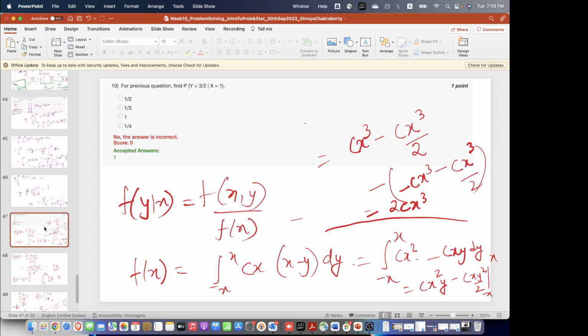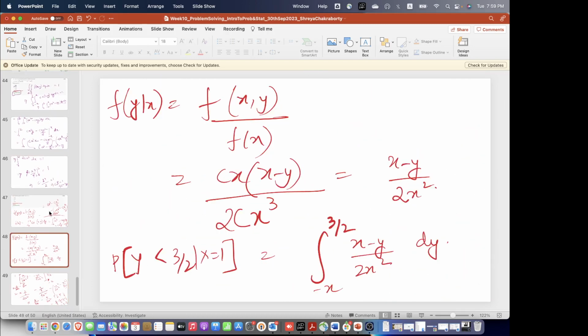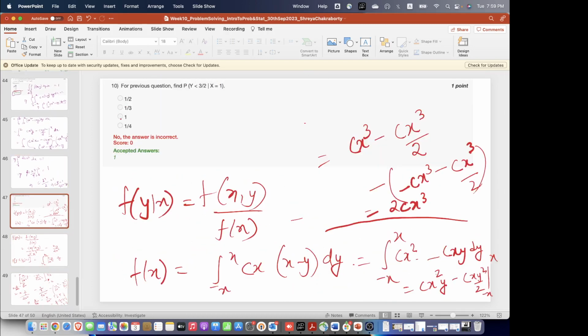Okay, so I think there is some problem with this one. I'll redo it and post the solution online. Then I think you would be able to look into it. But the process is the same.